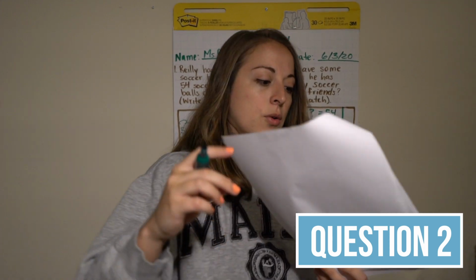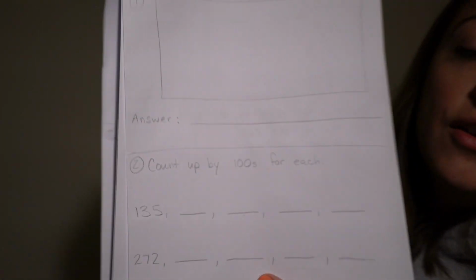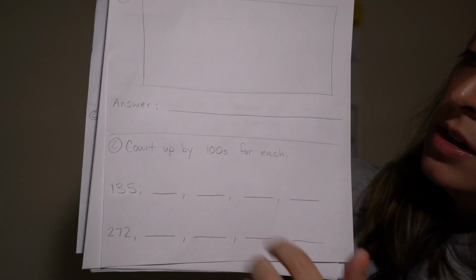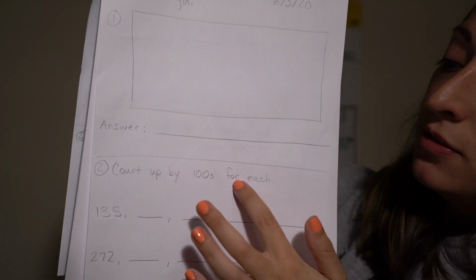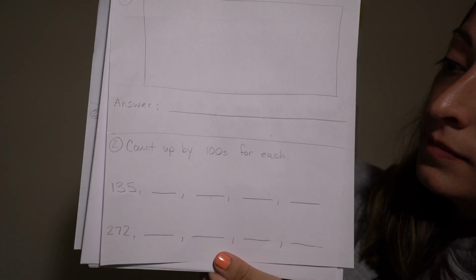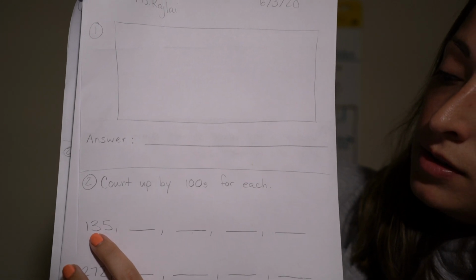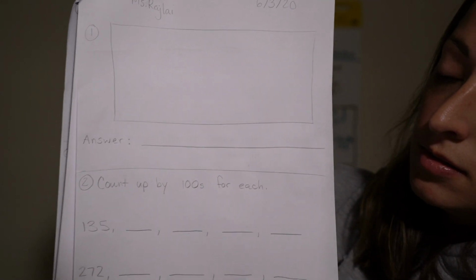At the top, you're going to write count up by 100s for each. You're writing 135 with 4 blank lines.